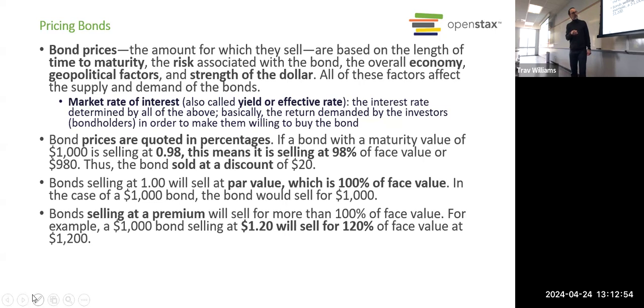A bond selling at 120 is selling at 20% above its face value. And a bond selling at 0.98 is selling at 98% of its face value. Okay, so we just have to keep that in mind. Actually, it might not even have the point. It might just say 98. And then we'd have to know that means 98%.